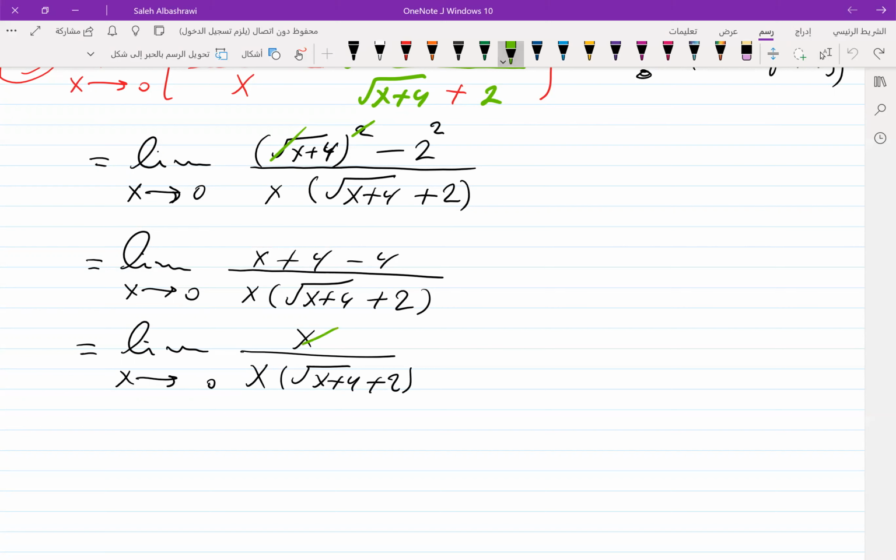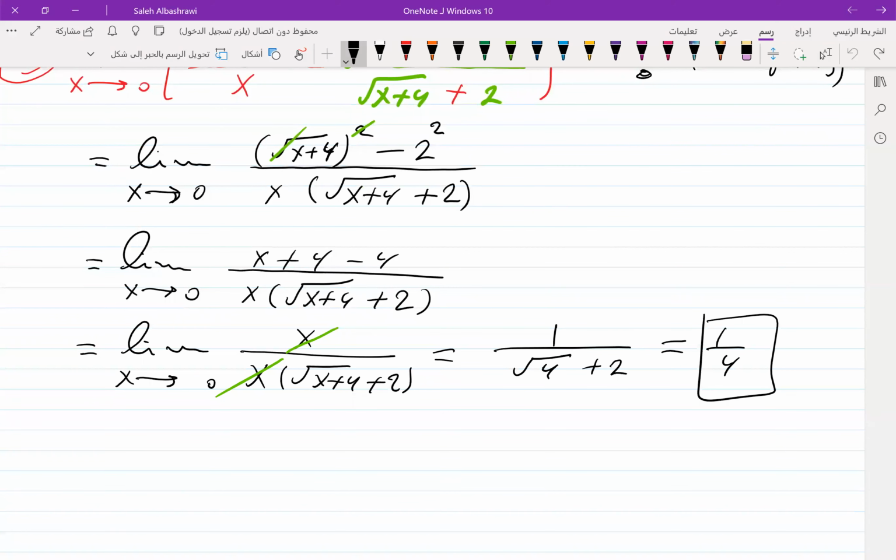You can see x and x are common factors from the numerator and the denominator. So I will have up equal to 1, and down, if we replace x by 0, it will be 4 plus 2. That will be 1 over 4. So the limit in this case is equal to 1 over 4.